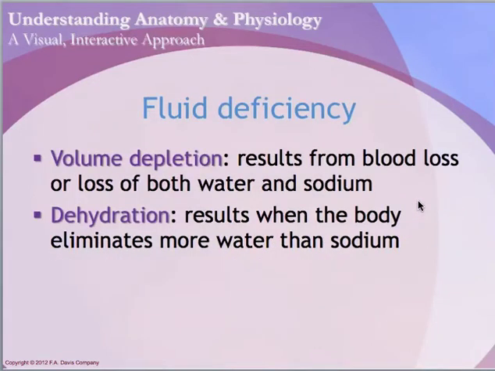So what does it mean if we have a fluid deficiency? They can refer to that by another term, volume depletion, which results from blood loss or loss of both water and sodium. Dehydration results when the body eliminates more water than sodium. Both of these things are going to cause us to be fluid deficient.